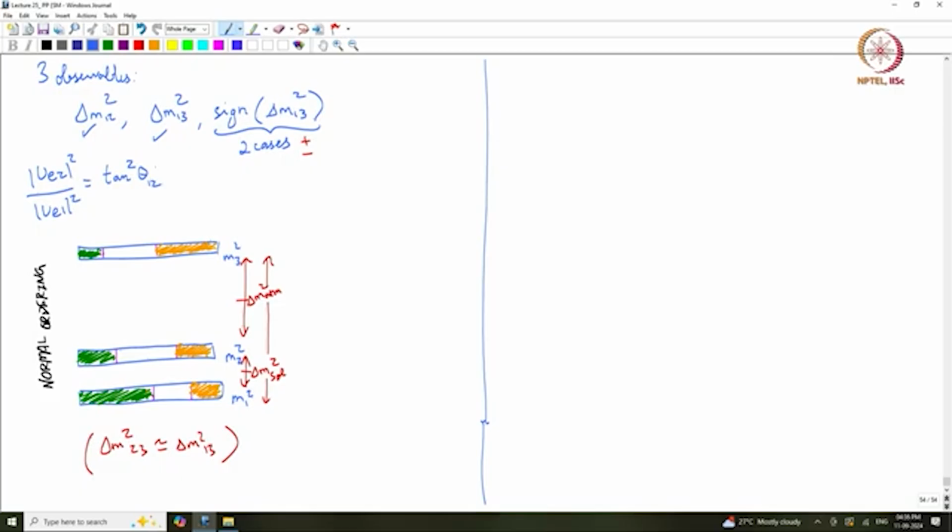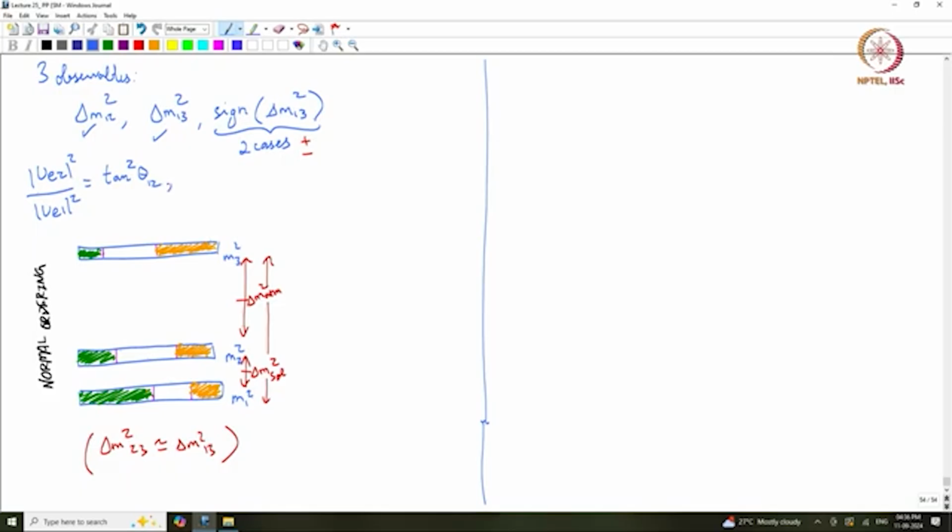Remember the parameterization that we had in terms of rotation matrices and the PMNS phase with 3 rotation matrices. That is the rotation angle that tells you how much mixing is going on between the first and second mass eigenstates.